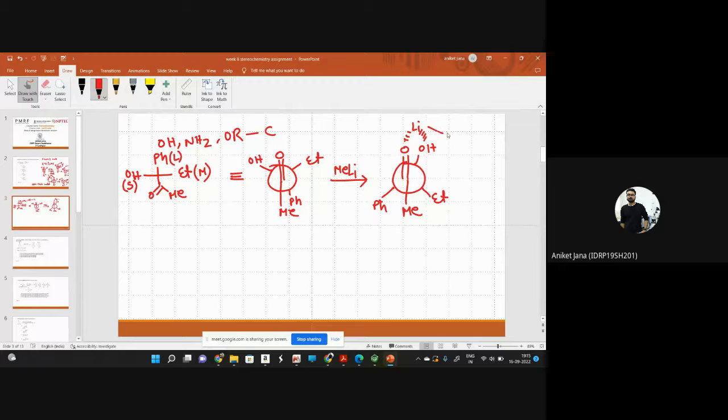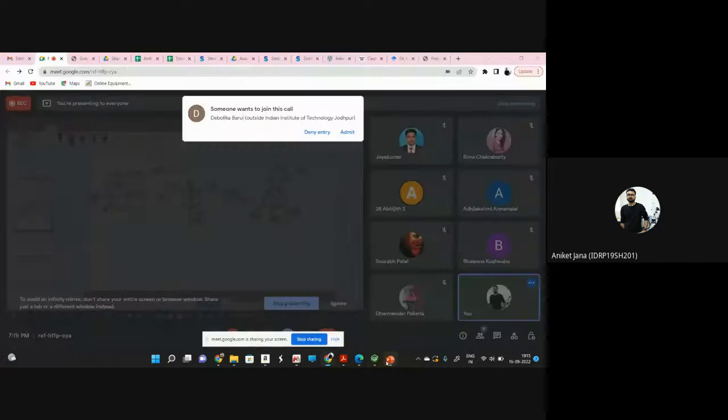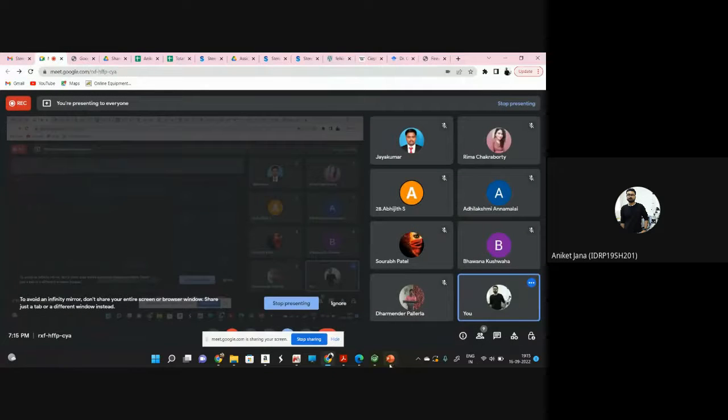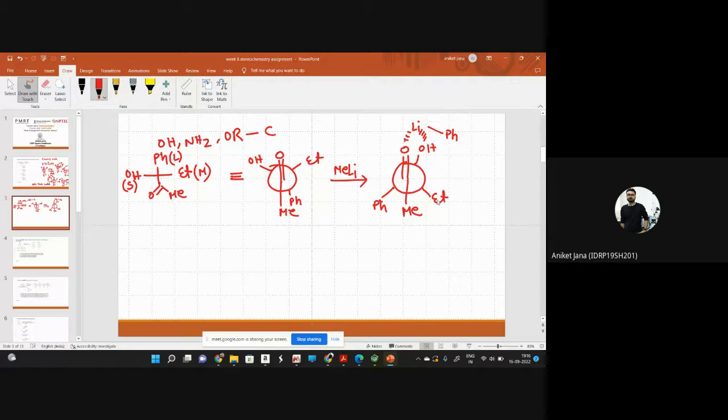and here phenyl will be there. So phenyl will attack from the side of the, this is the large group, L group, and this is the medium group.